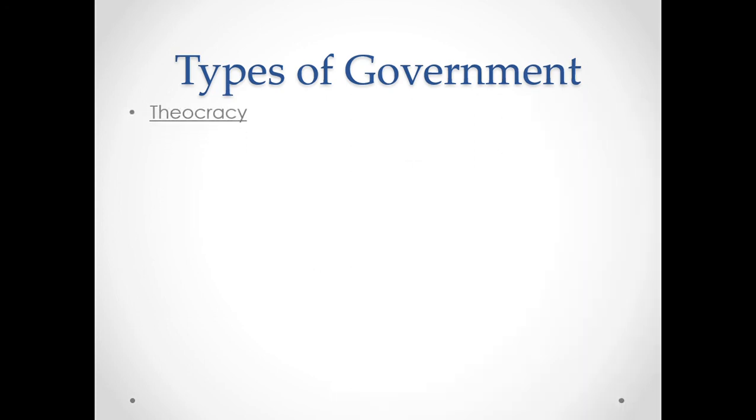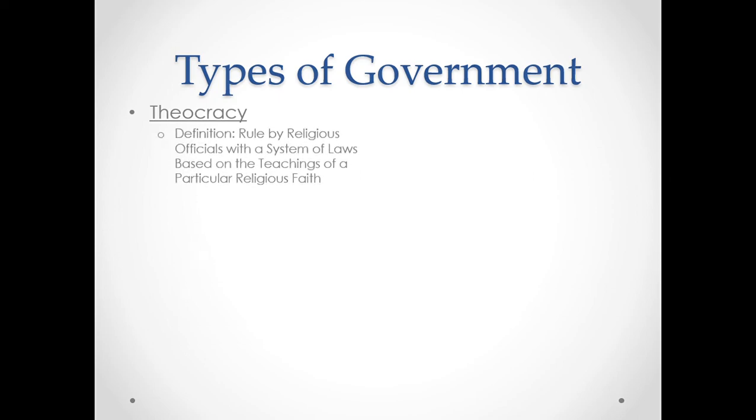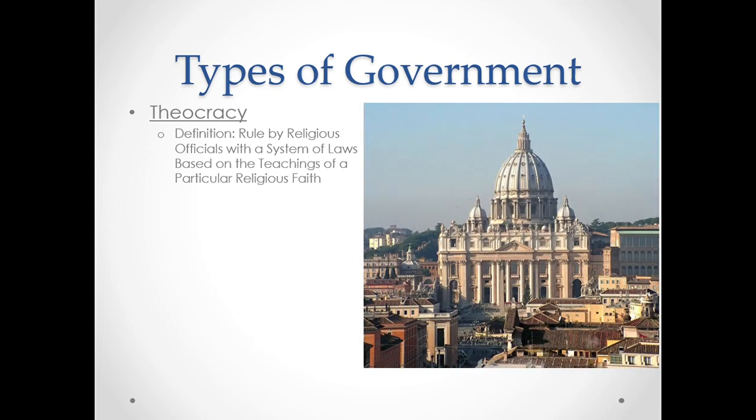So next up, and our last form of government, is a theocracy. And the word theo means religion. So cracy means power, theo means religion. That means the religious body is in power. So this just means if you're a place like Vatican City, which is what you see now.